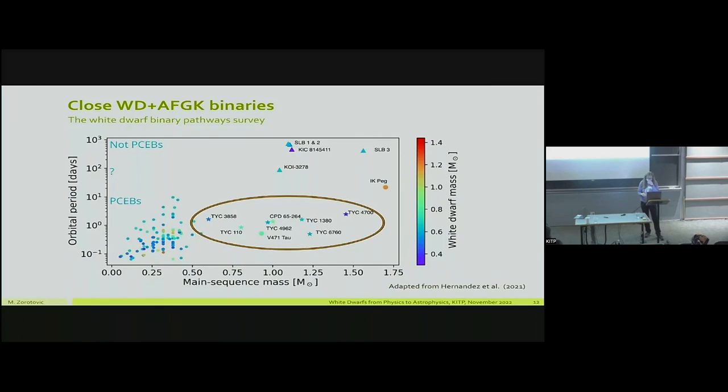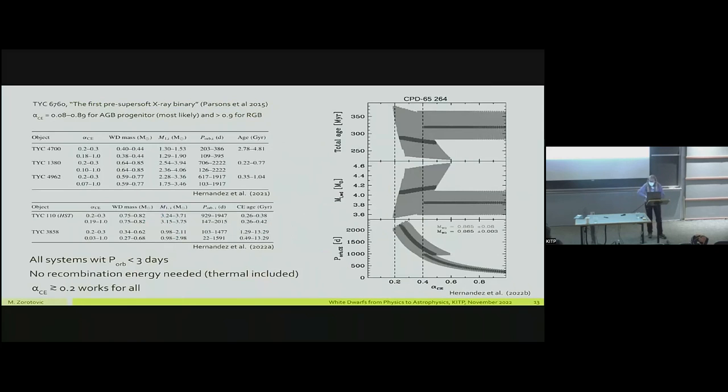All of them are below 3 days in orbital period, and all of them can be reproduced with a large range of common envelope efficiency, no recombination energy or any extra energy source needed, and a low value of efficiency as low as 0.2 for all of them. This doesn't mean it is 0.2 because they all go above 1.